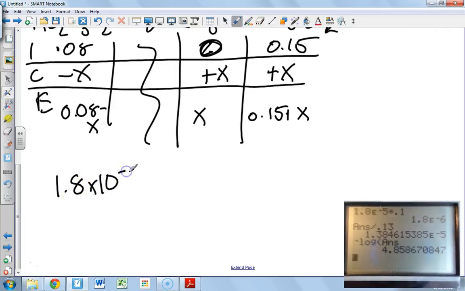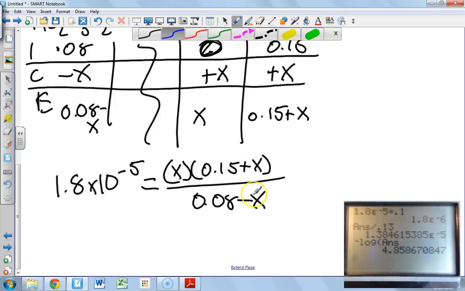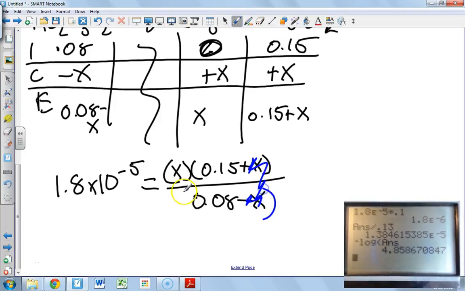Times 10 to the minus 5, that's our Ka, equals products, x times 0.15 plus x, over 0.08 minus x. Again, this cancels out, and this is different because this ratio here is different, so that's going to make the pH slightly different.